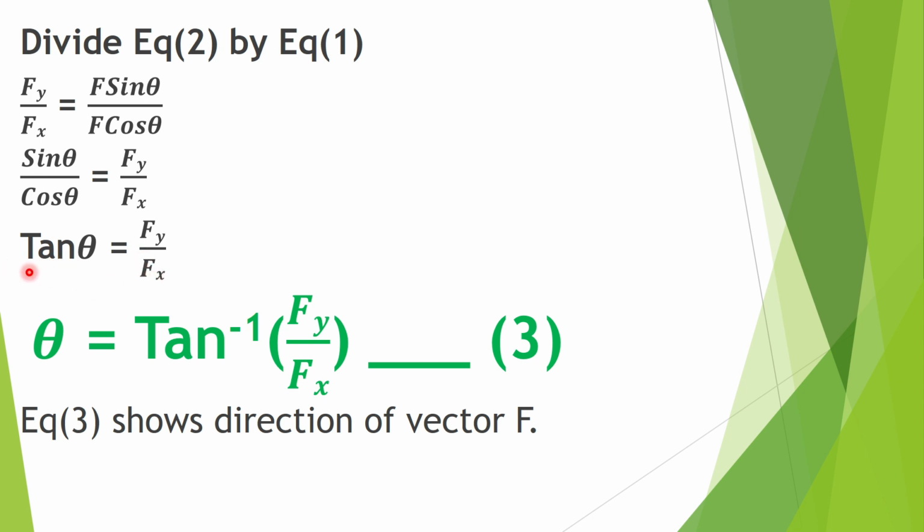Now send this tan to the other side of the equation. Whenever we send a trigonometric ratio from one side of the equation to the other side, we write it in inverse form. So it will become tan inverse. In other words, you can say multiply tan inverse on both sides.